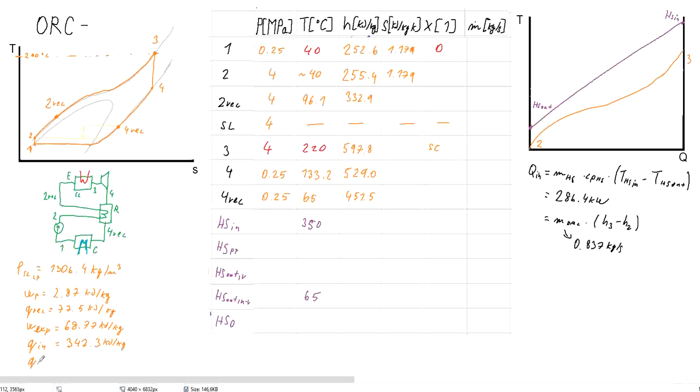Heat rejected is 276.4 kilojoules per kilogram.